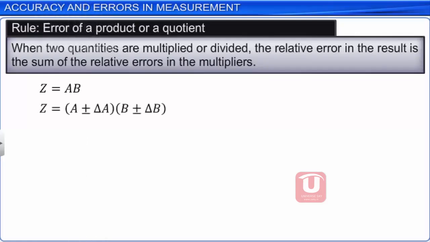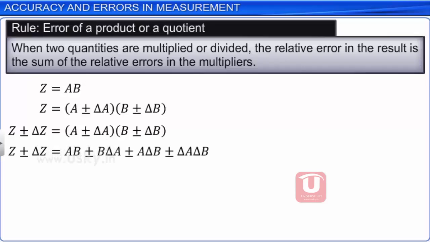Then Z ± ΔZ = (A ± ΔA)(B ± ΔB), or Z ± ΔZ = AB ± BΔA ± AΔB ± ΔAΔB.